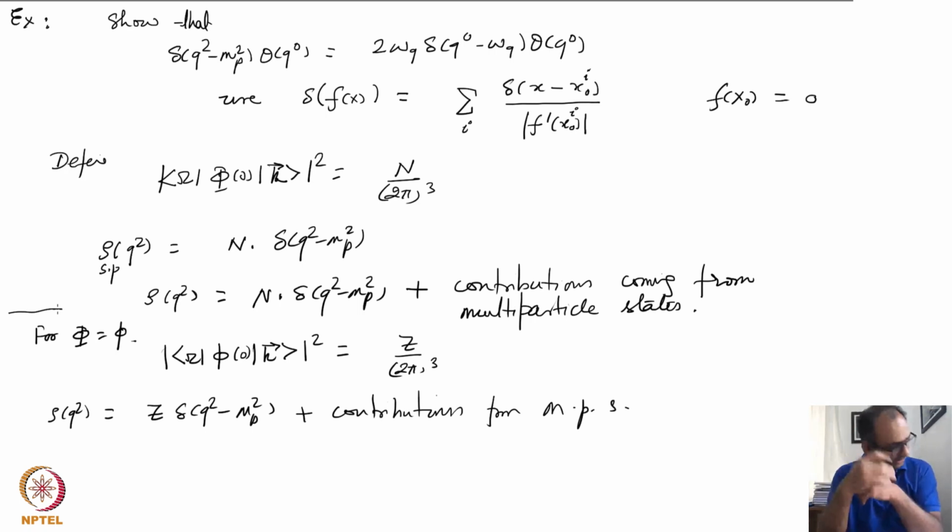Let's analyze a little more. Let's also ask what happens to the contributions from 2 particle states. So rho of q square, let me try to plot this. Rho of q square at the moment looks like this.